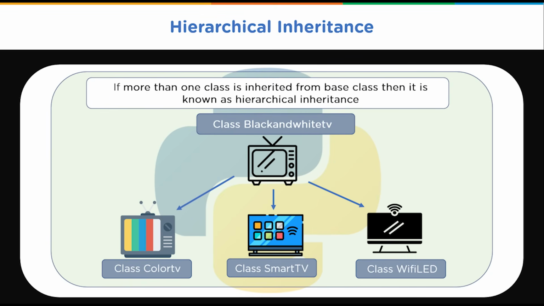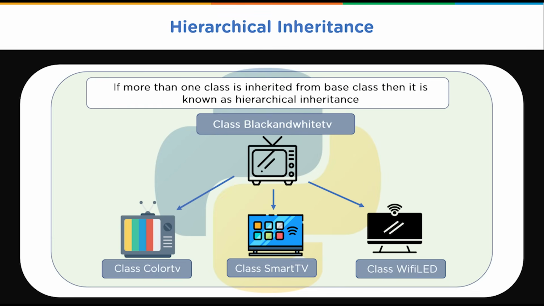Hierarchical is when more than one class is inherited from the base class, right? If we just tweak our prior example and rephrase it, what we are saying is that from the black and white TV you can also make a color TV, you can also make a smart TV, or you can also make a Wi-Fi LED TV, right? There is no restriction as such.